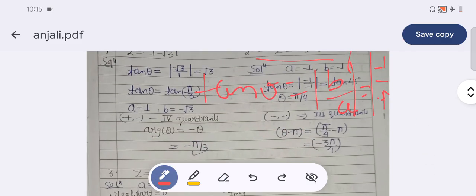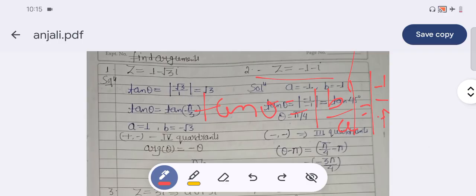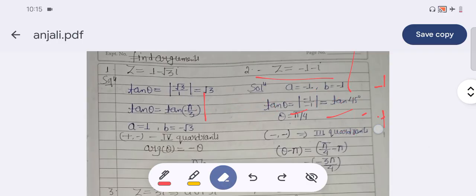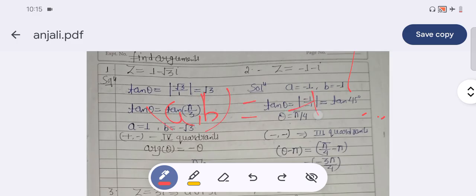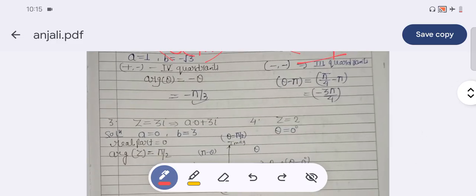Then we will find out the point a comma b. The value of a comma b is minus 1 and minus 1, and this lies in the third quadrant, because in the third quadrant tan gives a positive sign, minus upon minus. So in the third quadrant theta will be theta minus pi.